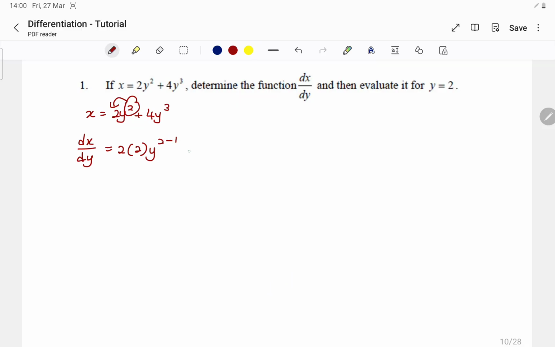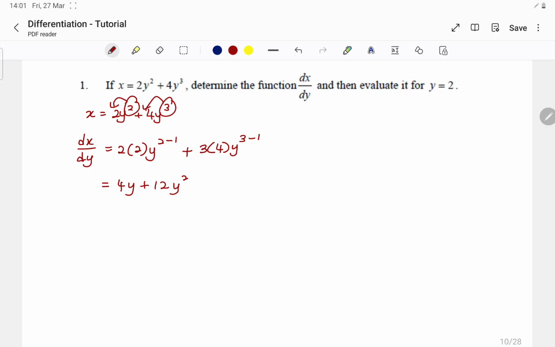And then here, plus, we have 4y cubed. To the power 3 you bring in front, 3 multiplied with 4, y cubed you maintain, put power minus 1. And you're going to get 4y to the power of 2 minus 1 become 1, plus 3 multiplied by 4 become 12y to the power of 2. So this is your dx dy.